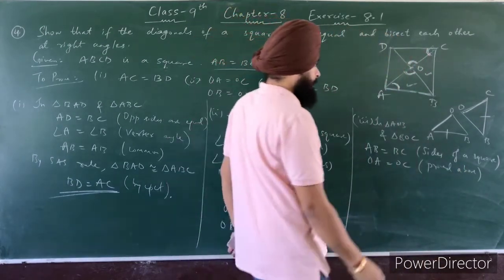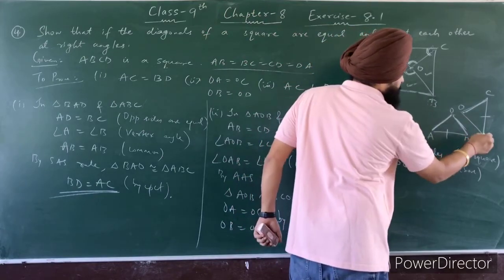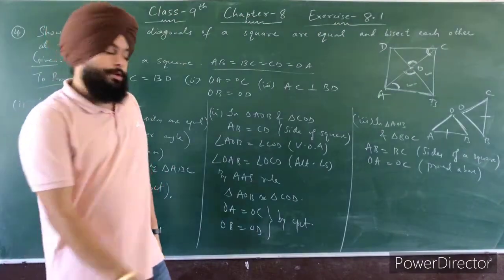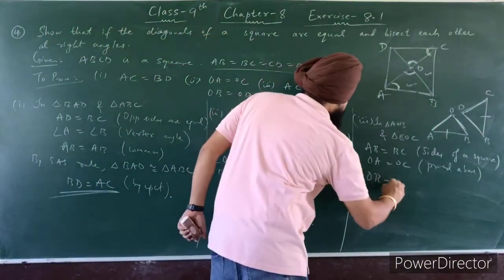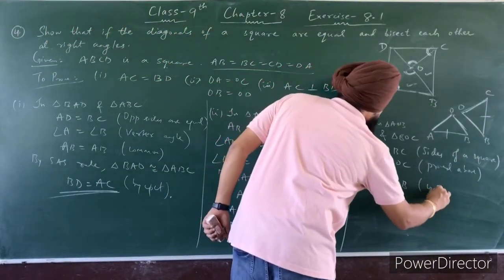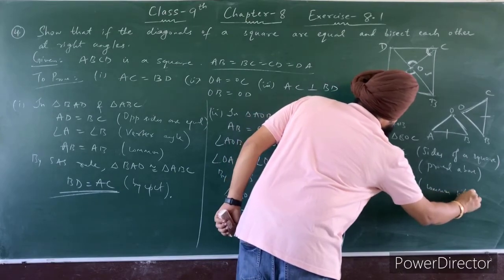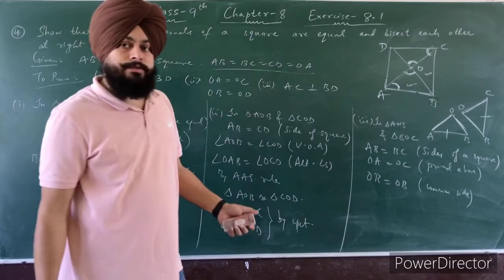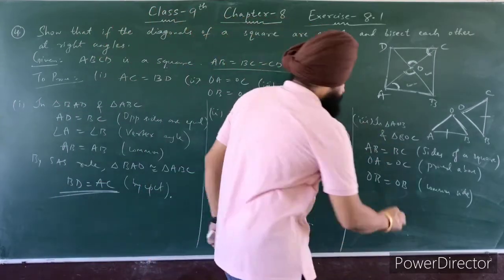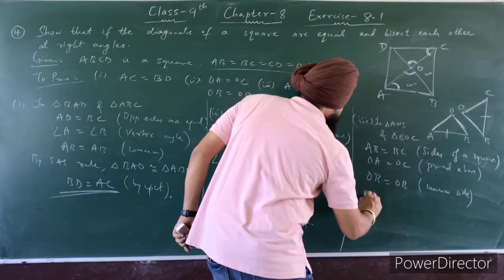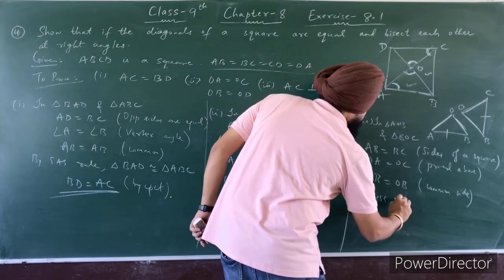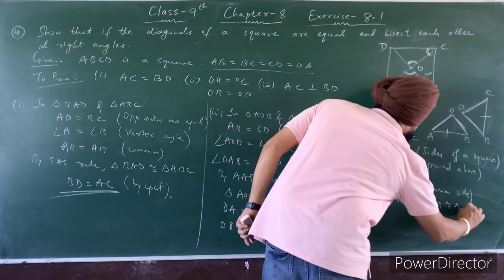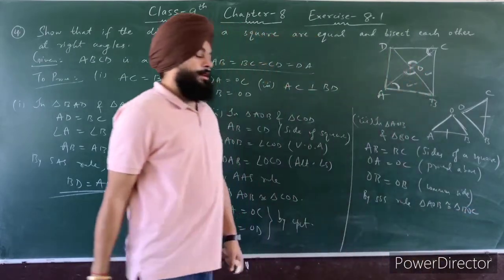Third one is you can take this one. OB is equal to OB, common side. So by SSS congruence rule, triangles are congruent. Triangle AOB is congruent to triangle BOC.